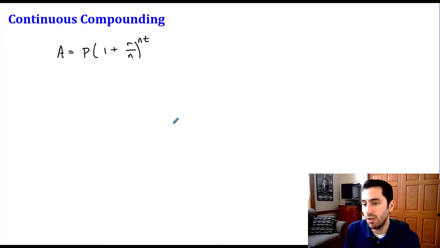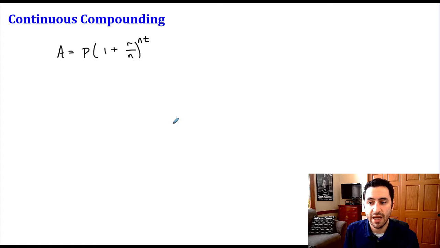As I said, if we're compounding monthly, n would be 12. Another case would be maybe I'm compounding daily, then n would be 365. But now what happens if n gets very, very large? What if I'm compounding my interest hourly, or by the minute, or by the second, or I keep increasing the number of times I'm compounding?